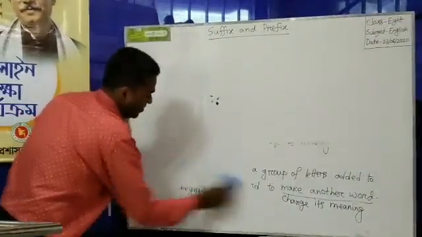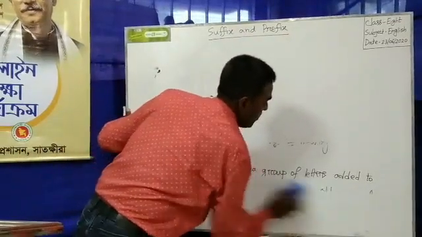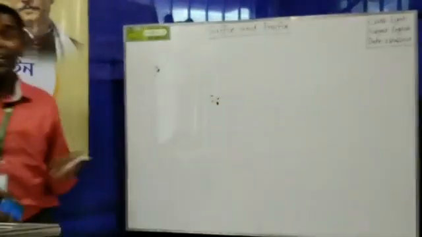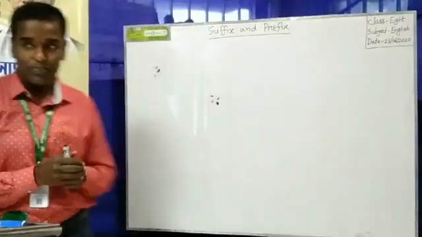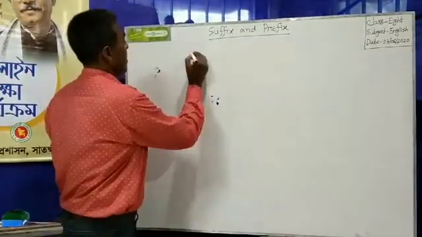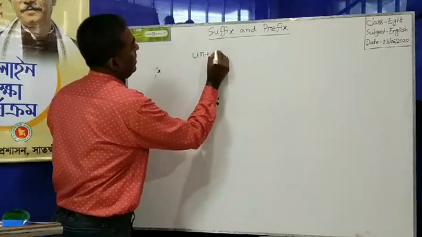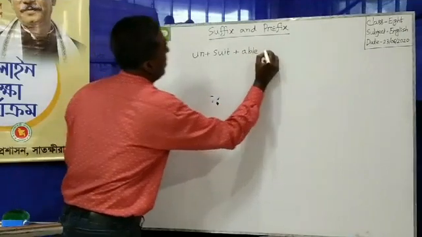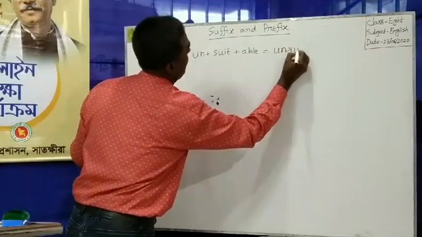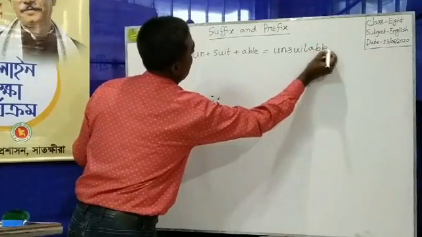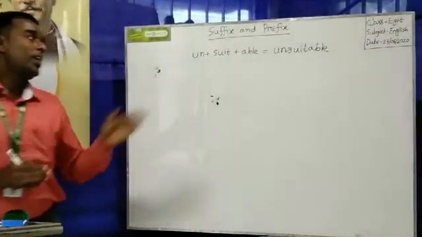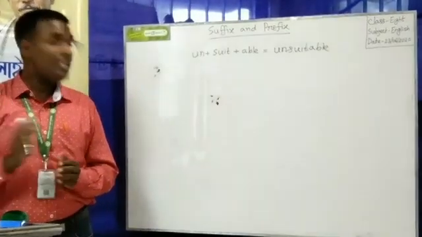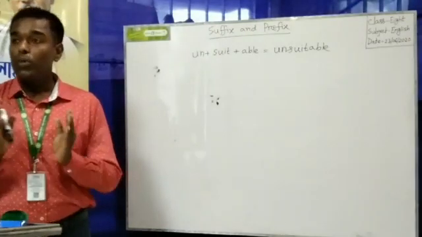Dear learners, hope you are going to write down the important notes with me. Am I right? Yes. Here, un plus suit plus able. That means unsuitable. Here the middle part of the word is the root word.